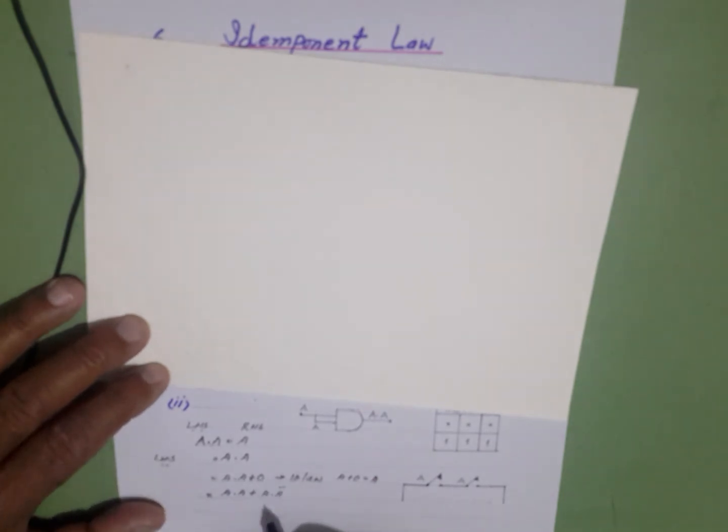In place of 0 we can write this, and this is complement law. Complement law says A multiplied with its complement is 0.